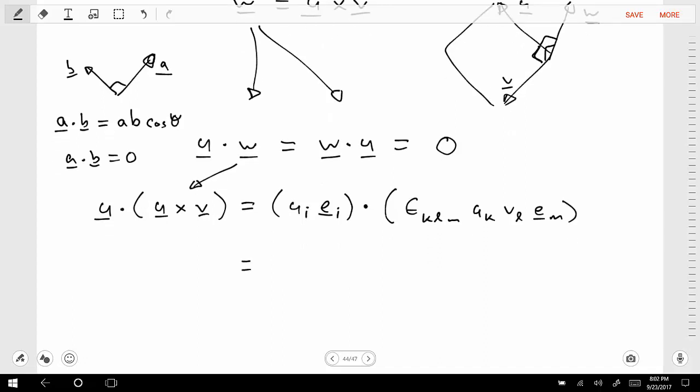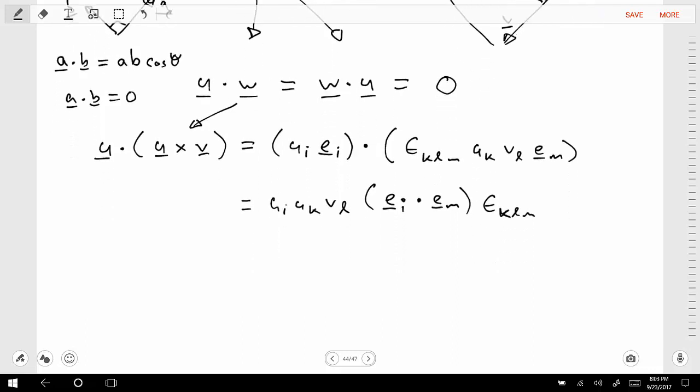All right, so now that we have that, let's commute out our scalars. So u_i, u_k, and v_l, those are scalars. Let's commute those out, and then let's perform the dot product of our base vectors, so the dot product of base vector with index i and base vector with index m. And let's have our permutation tensor on the outside here, epsilon_klm.